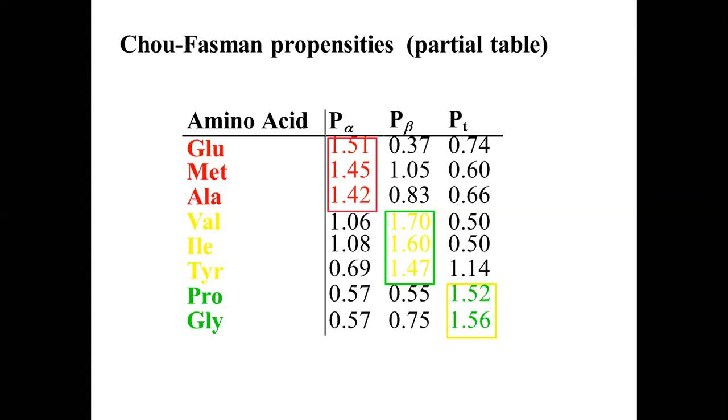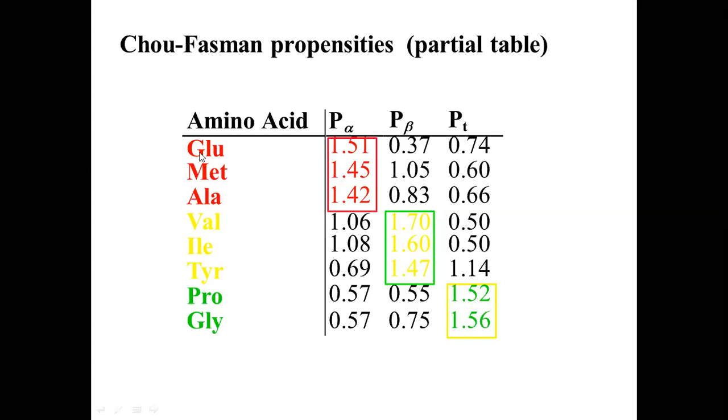Shanaziz, yes, sir. Okay, Shanaziz, here we have glutamate, methionine, alanine, valine, isoleucine, tyrosine, proline, and glycine. Here we have the specific propensities of these amino acids for alpha helices, beta pleated sheets, and turns.